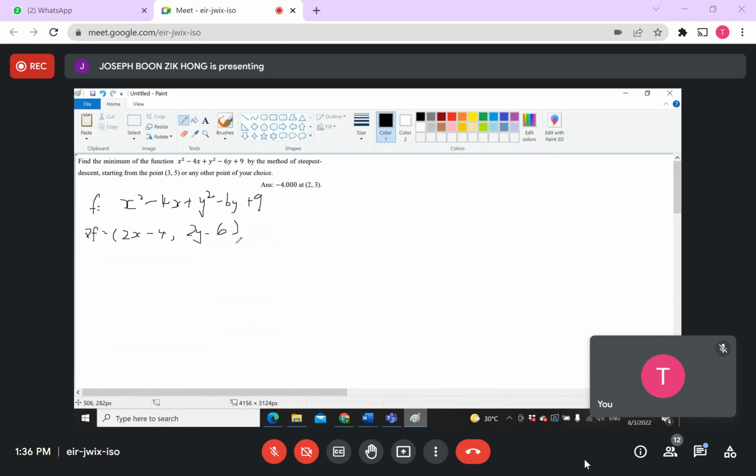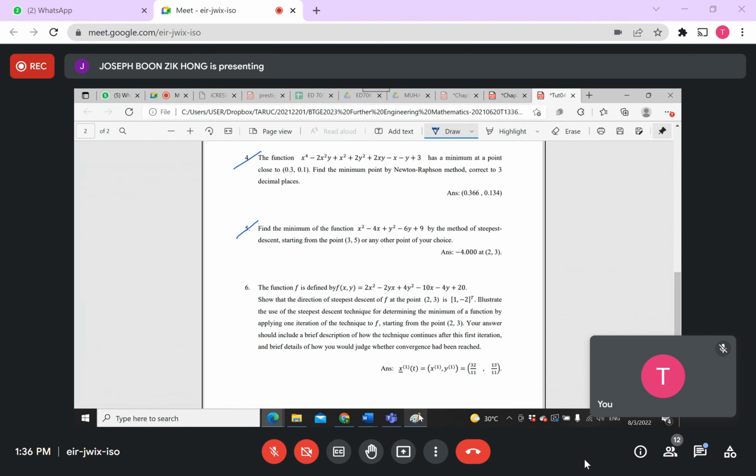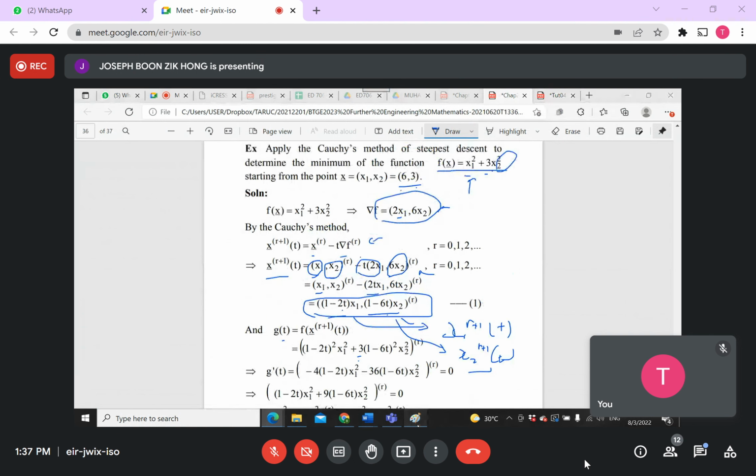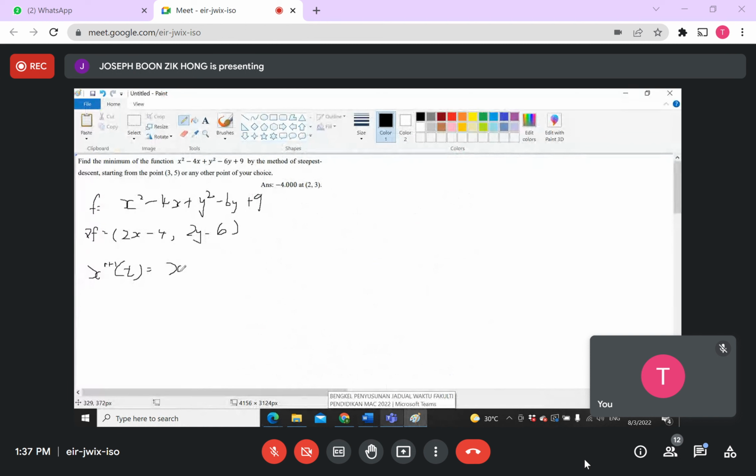After that, try to get the function of x_{r+1} in terms of t. According to the formula, it will be x minus t times del f. So your x and y will be x minus t times this one.